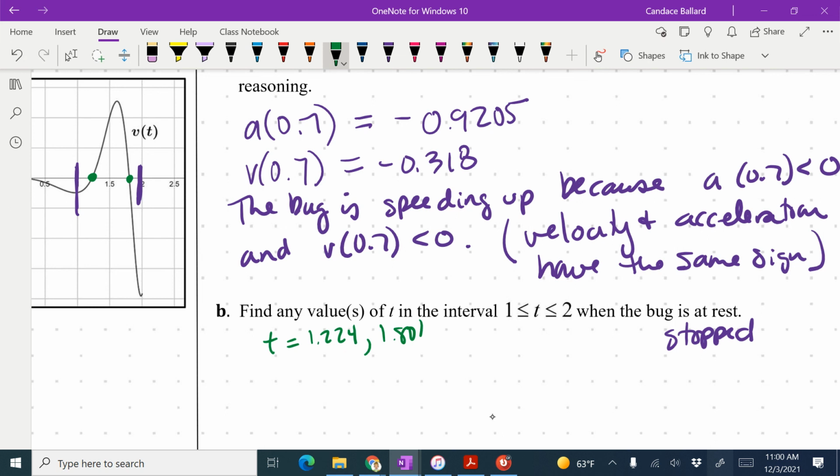I should have probably said the bug is at rest at t equals this, because the velocity is equal to 0. Or you could write it in words, velocity is equal to 0.